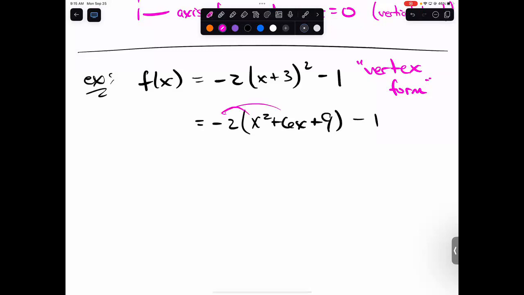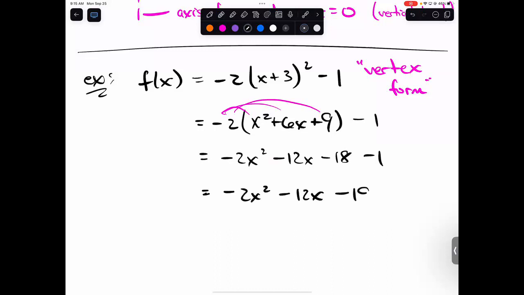If I distribute, then this becomes negative 2x squared minus 12x minus 18 minus 1. That's the same function, but written in standard form, right?